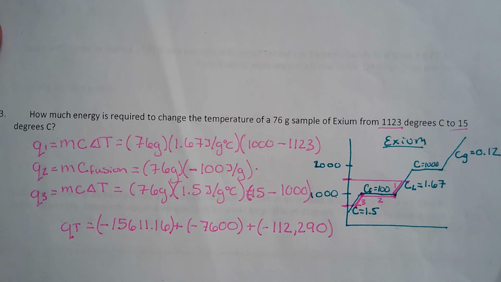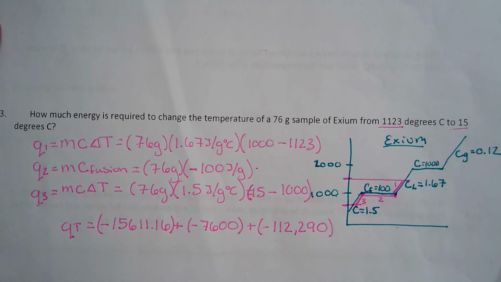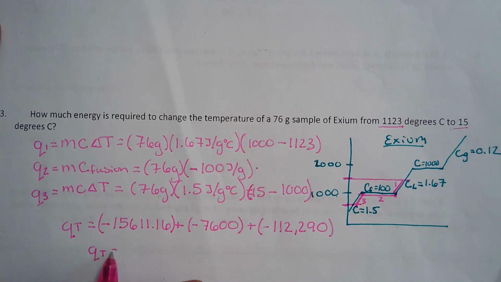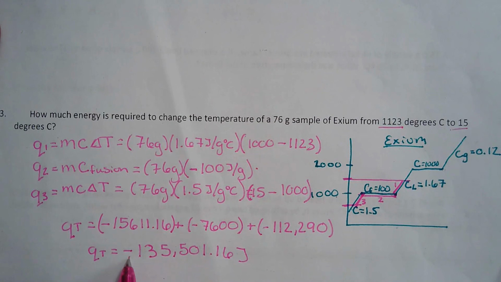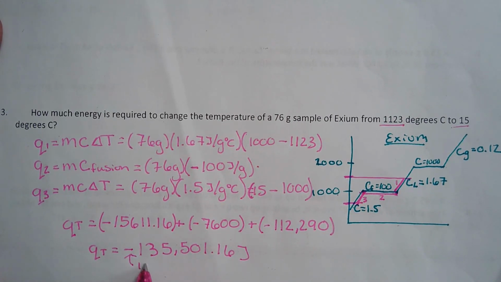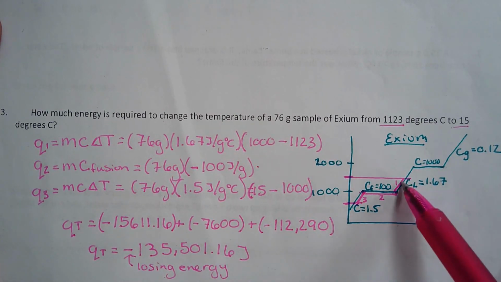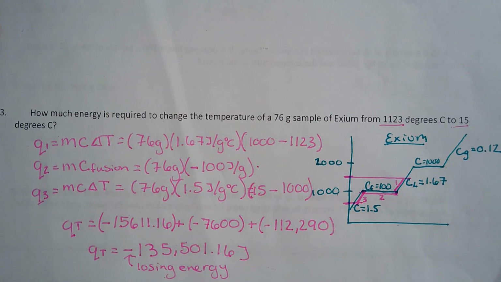If we add all of those together, our total energy is negative 135,501.16 joules. And this makes sense because we are losing energy. All right, we're going this way on our heating curve, we're losing energy, so it's negative.